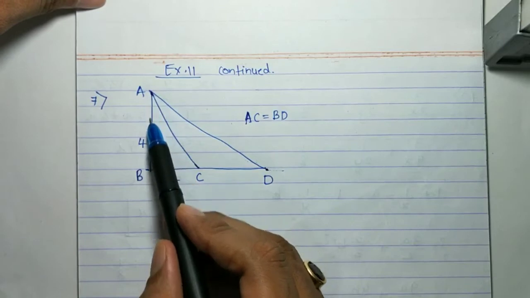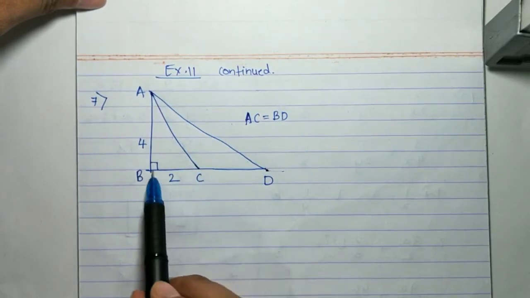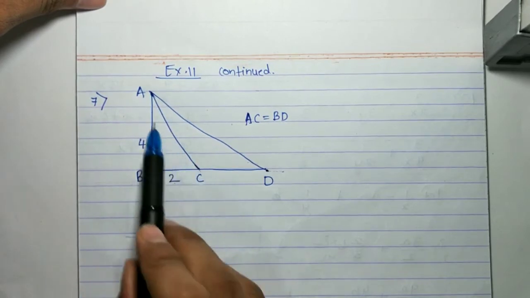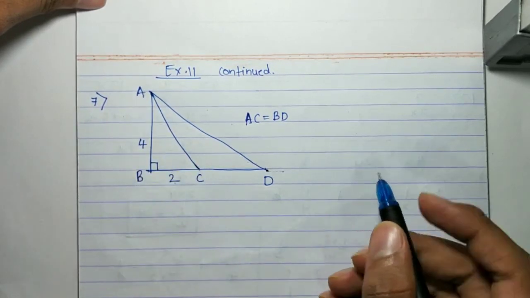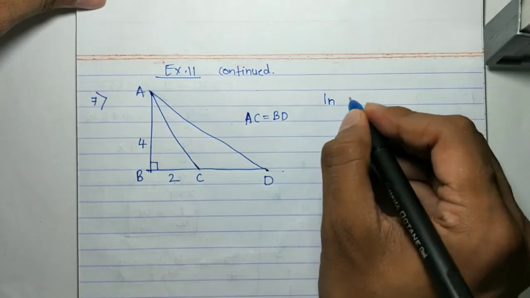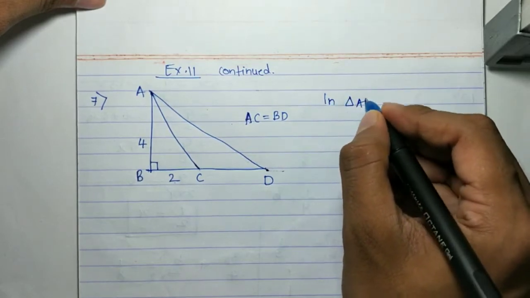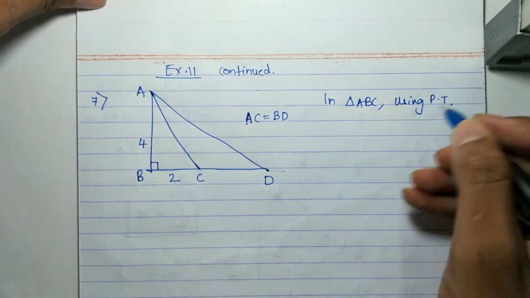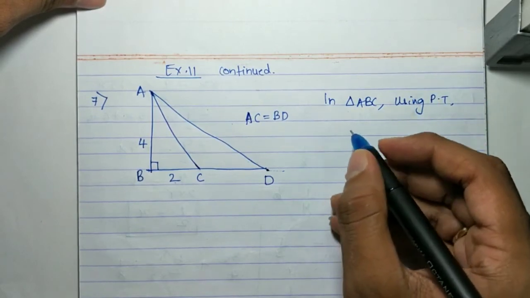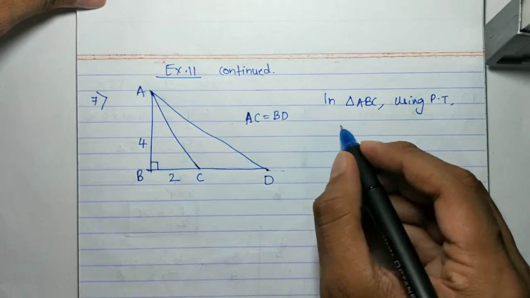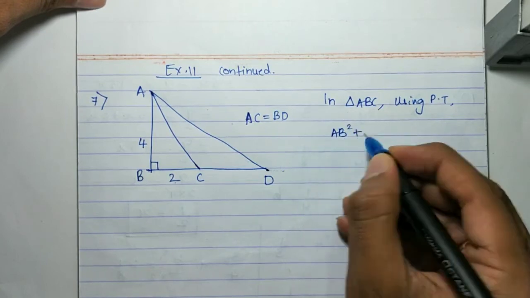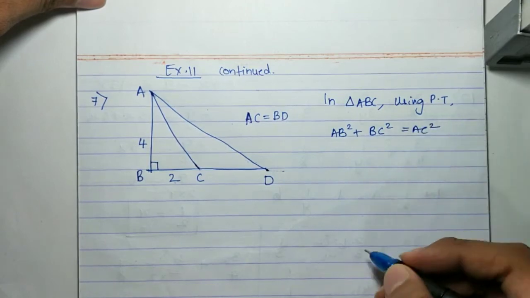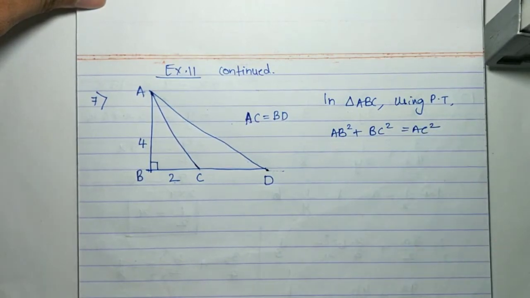First, in this small triangle, I know the side AB and BC. So using these two sides, I can find AC by using Pythagoras theorem. In triangle ABC, using Pythagoras theorem, AB square plus BC square equals AC square.